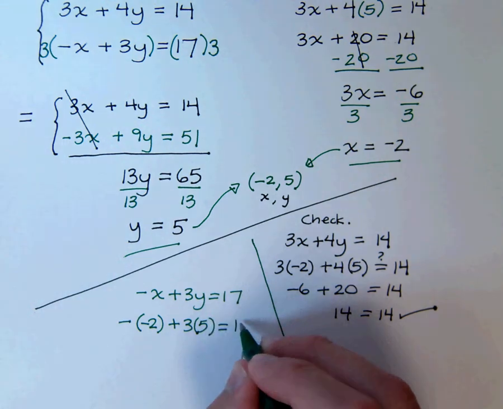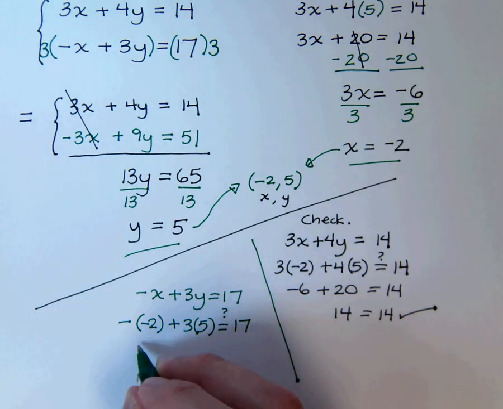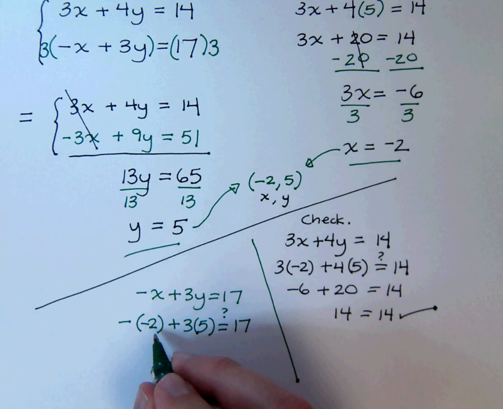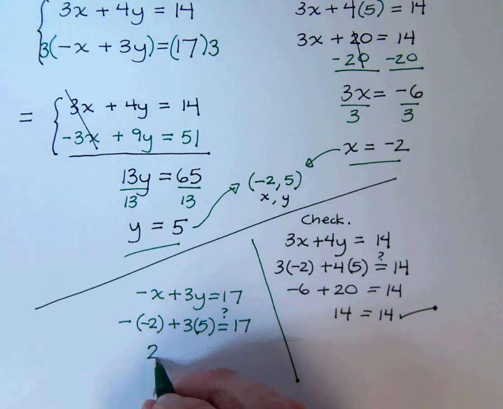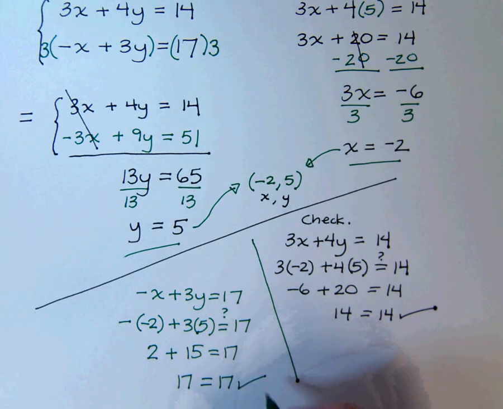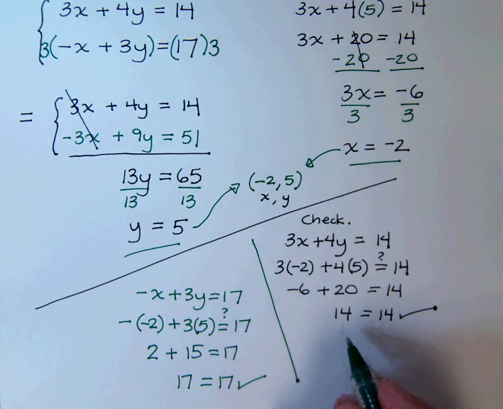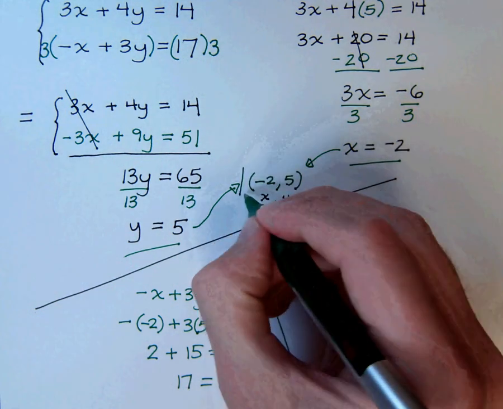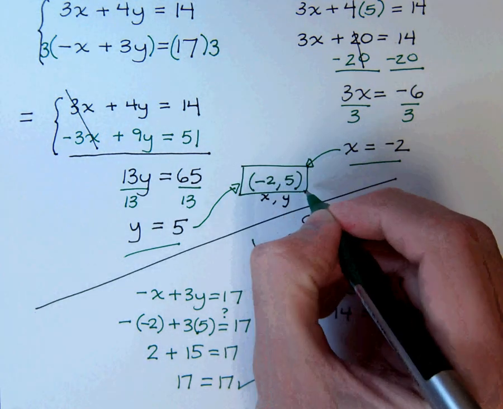Does this equal 17? A negative times a negative is equal to a positive 2 plus 15. And yes, this does check out. So before I turn anything in, I've checked my work, and I know that this is my solution.